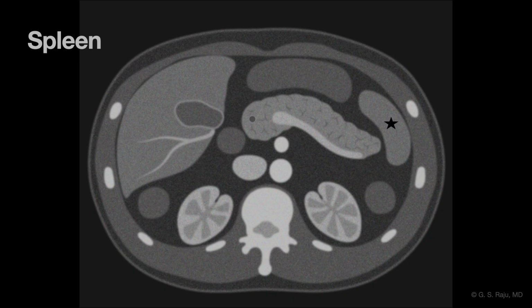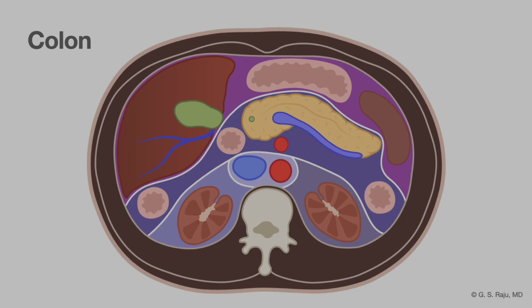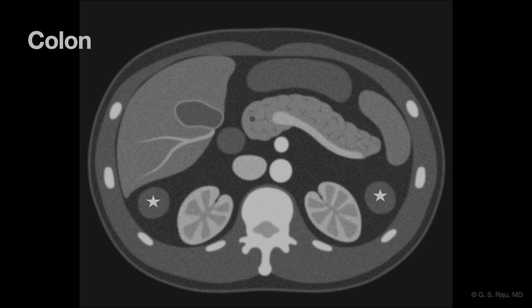And as you move up and down and you come to the right and left into the lumbar area, you may be able to see the ascending and descending colon along the paracolic gutters. That's what the colon looks like. If there is a lot of stool, you may be able to see the stool.